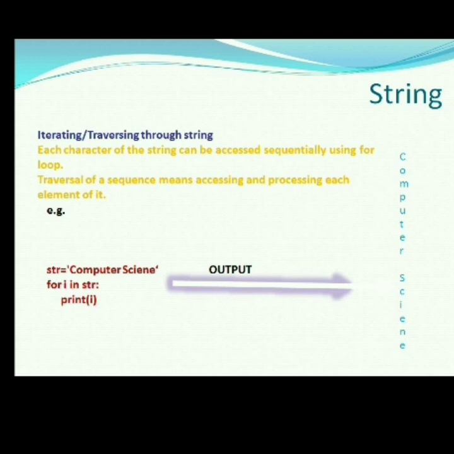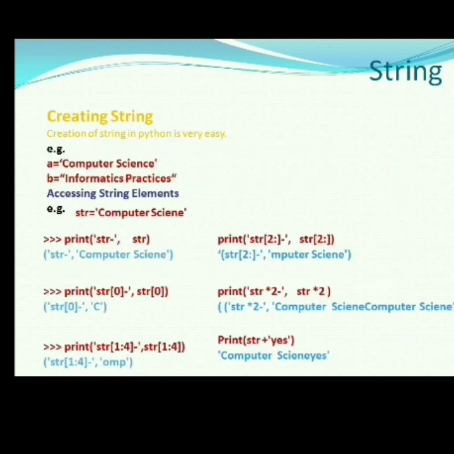Traversal of a sequence means accessing and processing each element of it. Each character of a string can be accessed sequentially. To create a string, we simply assign a value to it. Here str is equal to 'computer science', and print str will simply print computer science.